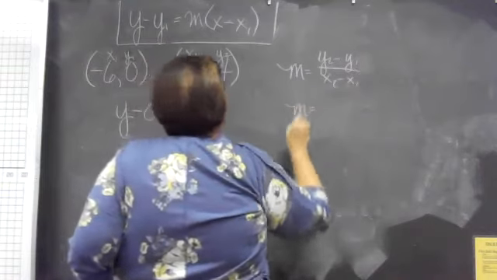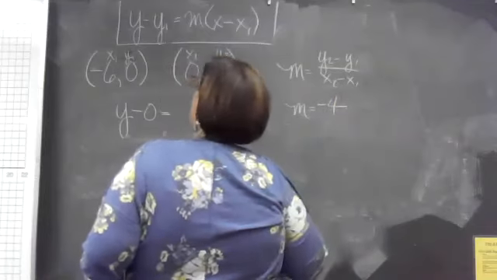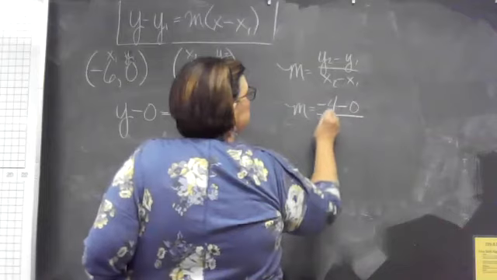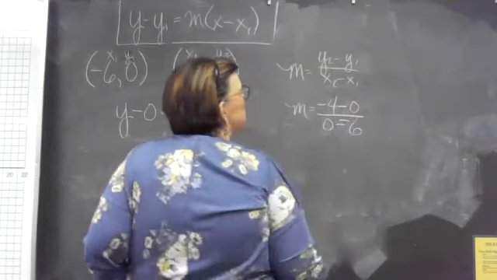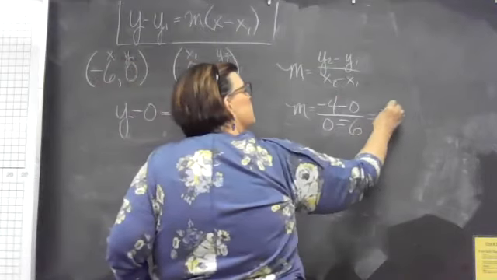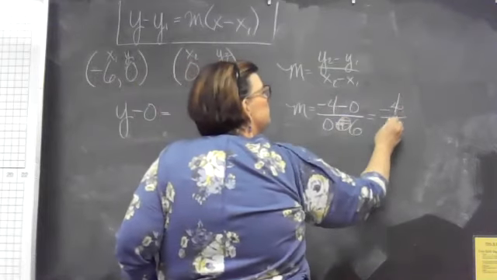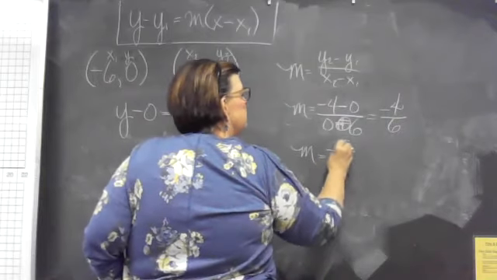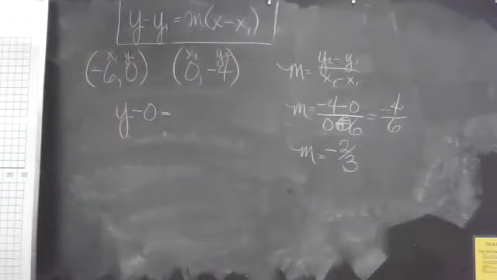Slope equals y2 is -4 minus y1 is 0, over x2 is 0 minus a -6. We have -4 over a +6, which gives us a -2/3 for our slope.